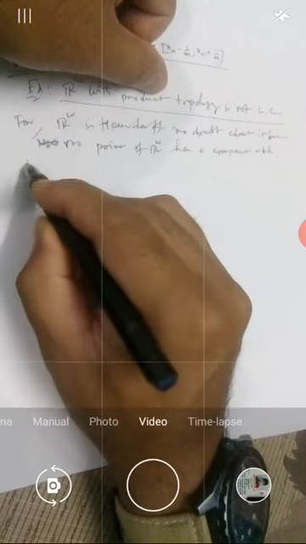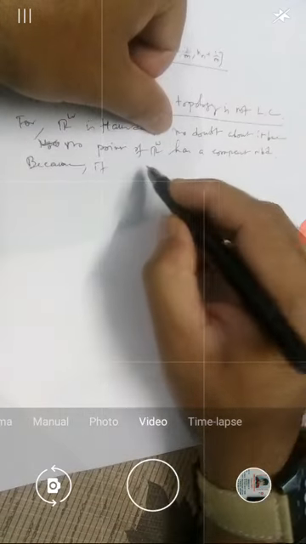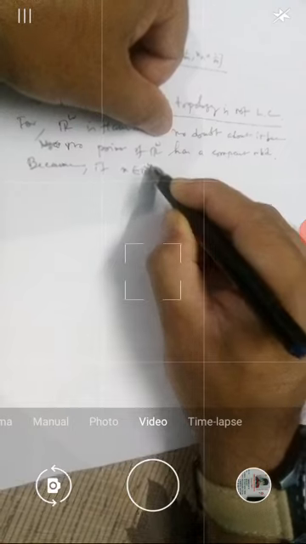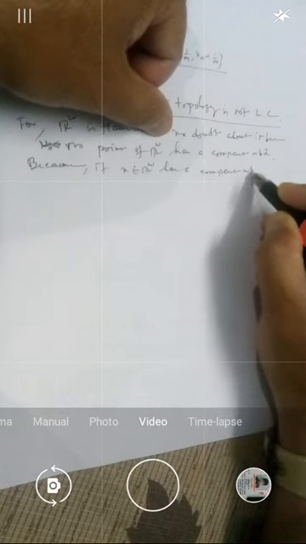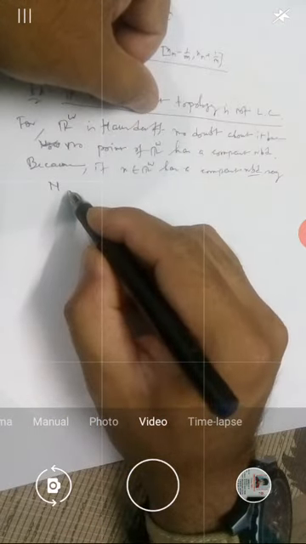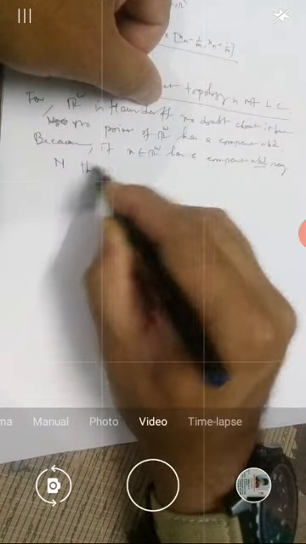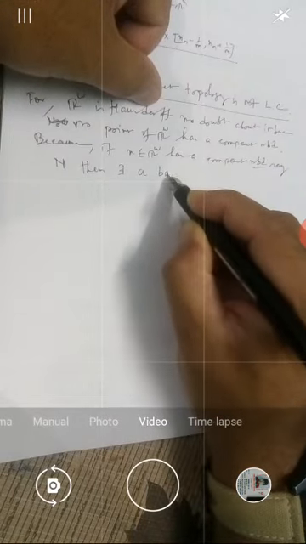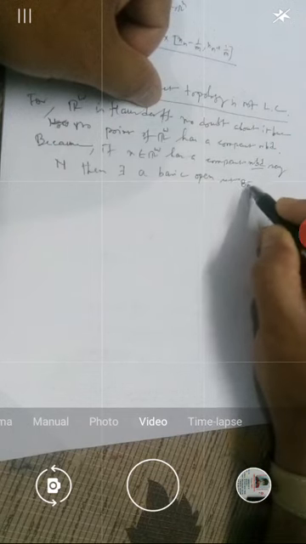Okay, why? Because if x in R omega has a compact neighborhood, say N, then there exists a basic open set B. You know how the basic open set in product space looks like.